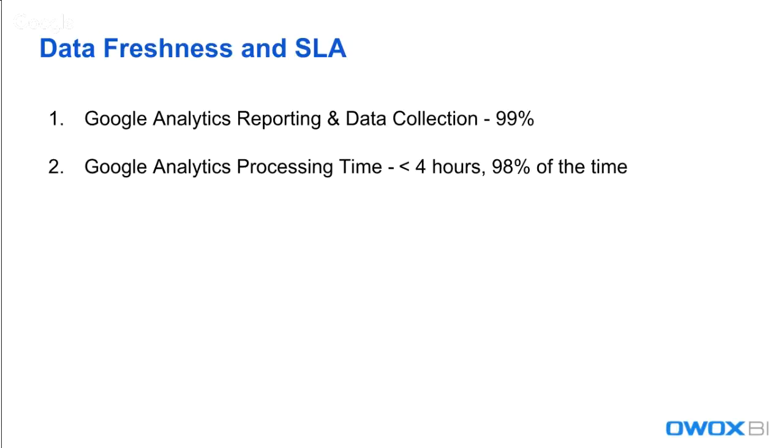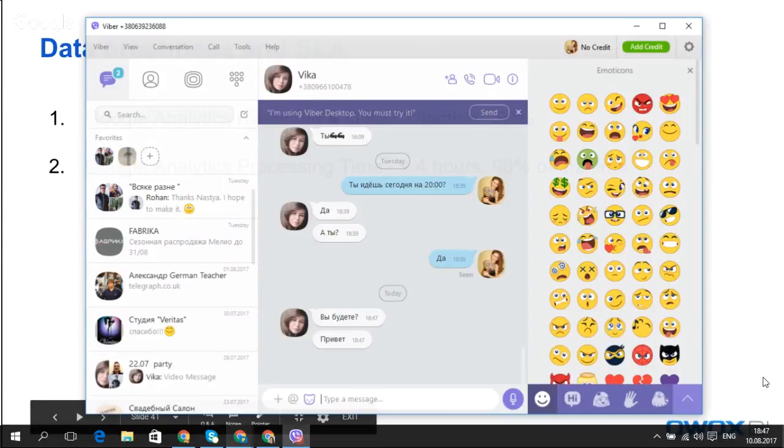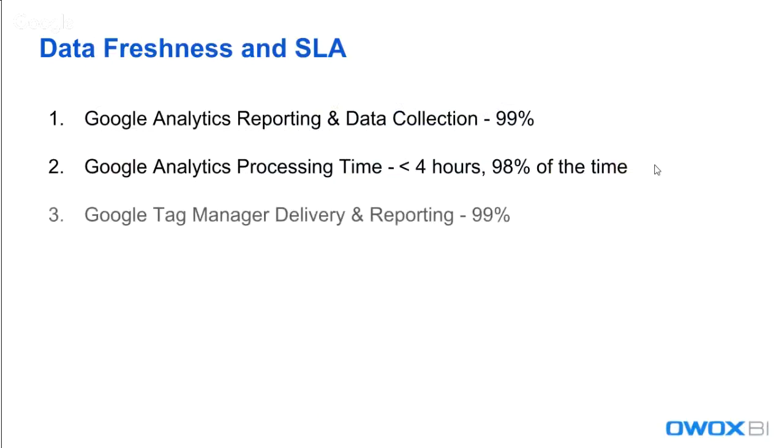So in case you have a reseller or you use Google Analytics 360, you can ask them to talk with Google and have 10 minutes data collection. Google Tag Manager delivery and reporting is like 99%.